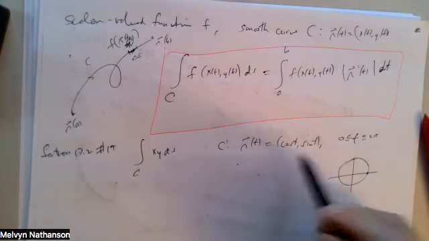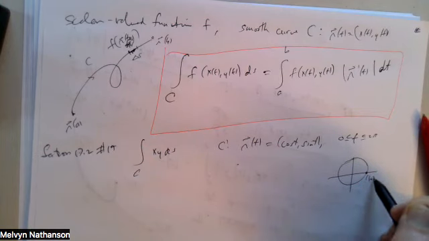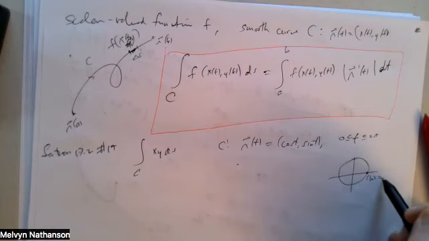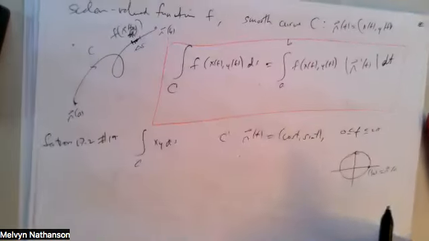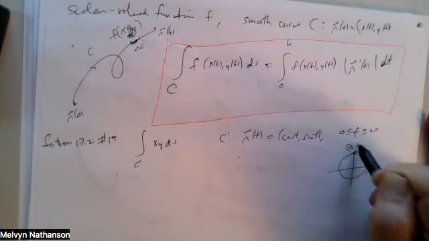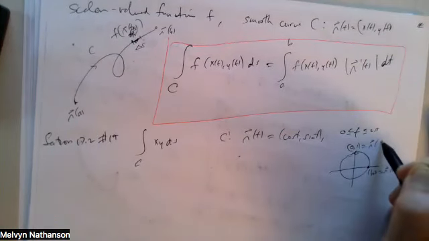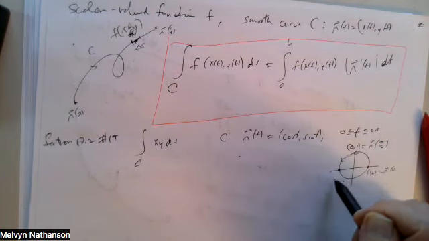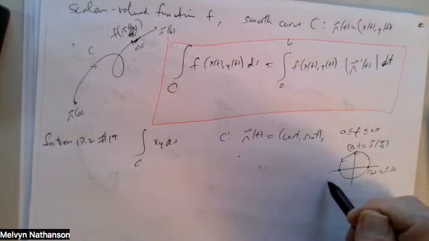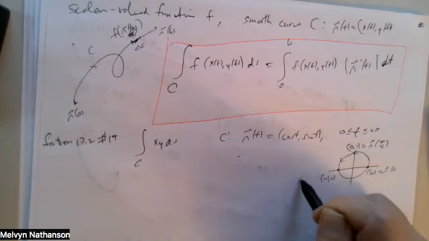When t is 0, you're at the point 1, 0. When t is pi over 2, you're at the point 0, 1. When you get to pi, you're at the point minus 1, 0.